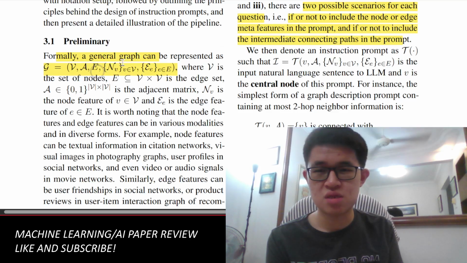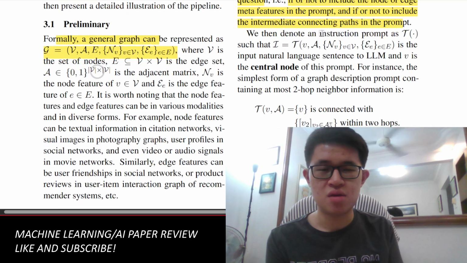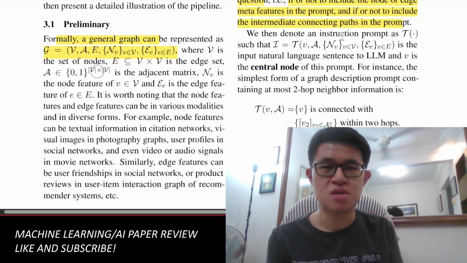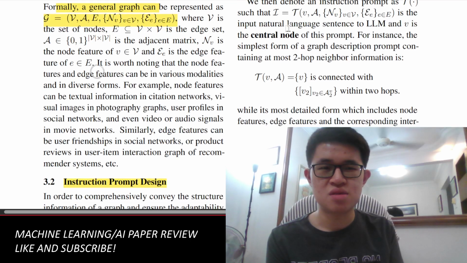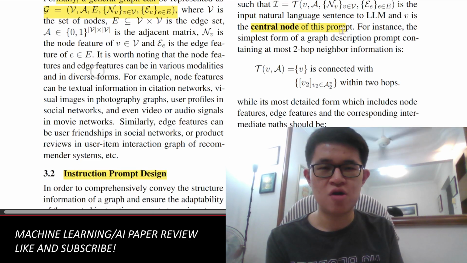So you basically take the entire graph and feed it as an input to incorporate it into the instruction prompt. This will be the natural language sentence to be fed into the LLM, and V is the central node of the prompt.